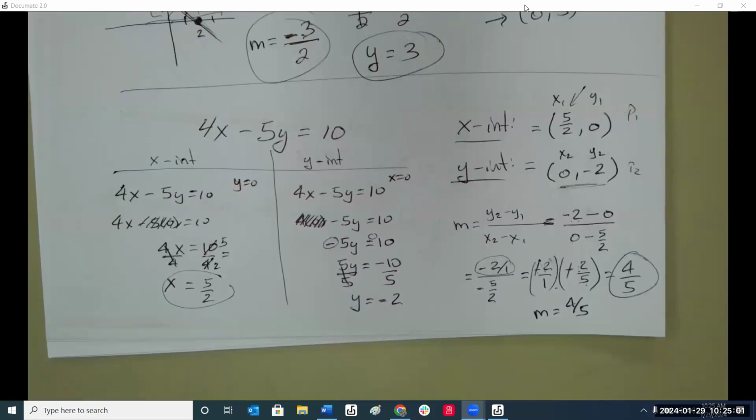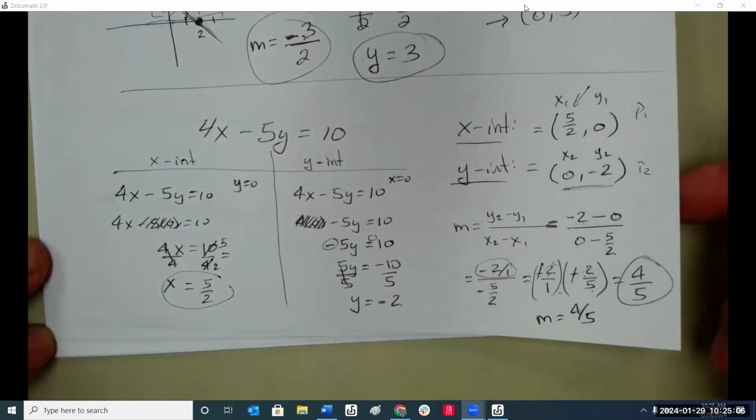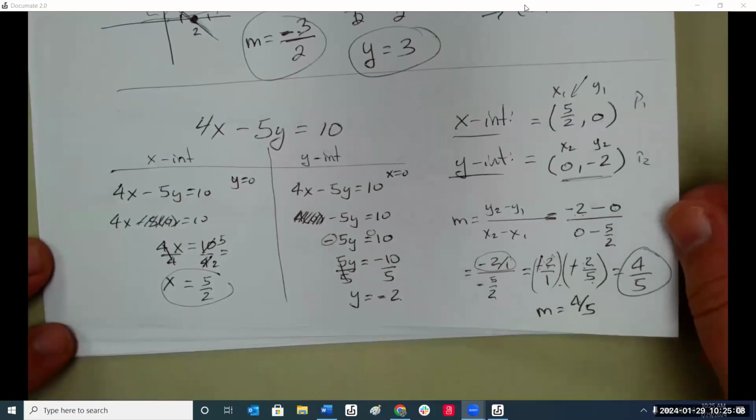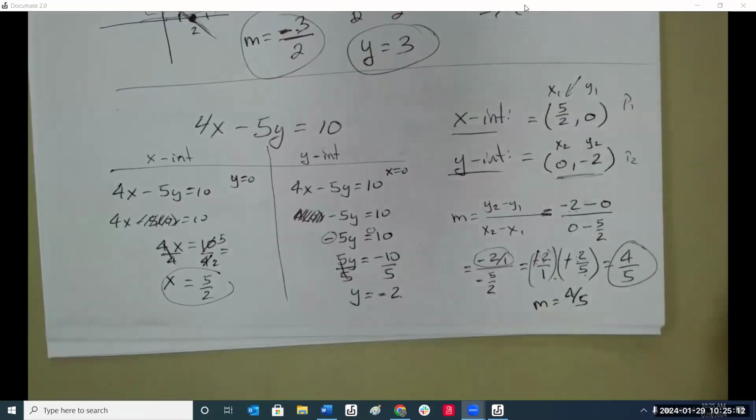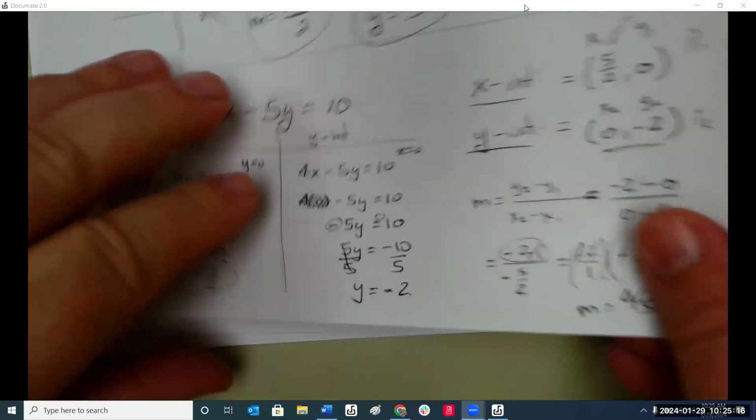Now we can graph this equation. How can we graph it? Remember, in order to graph it, what two things do you need? A point and a slope.